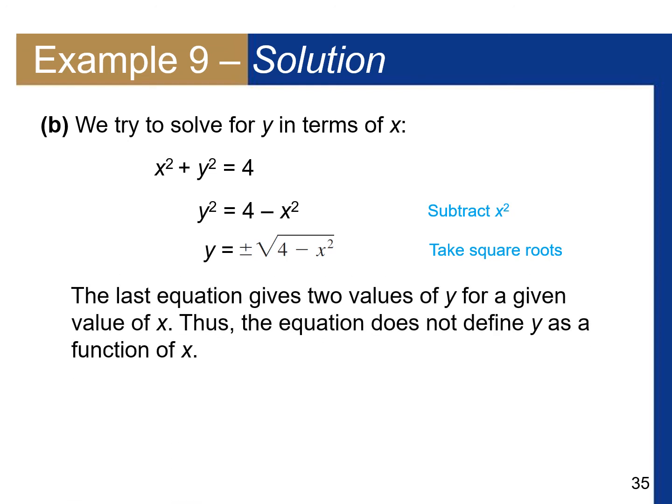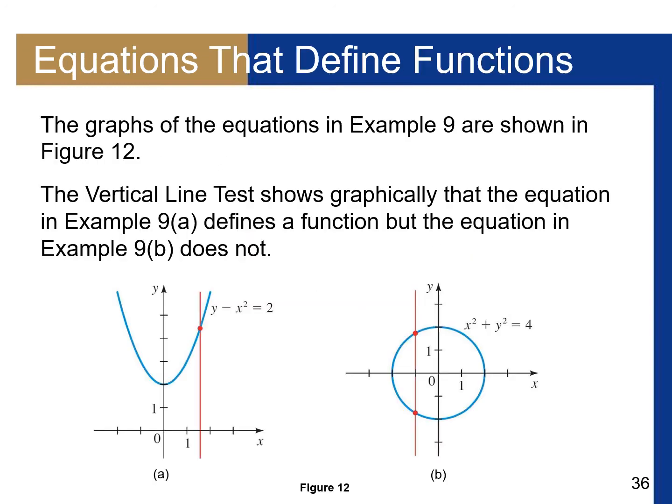Now this gives me 2 values of y for one value of x. So this does not define y as a function of x. And the reason again is that this says plus or minus, so it's giving me 2 values instead of 1. So the key is one value.